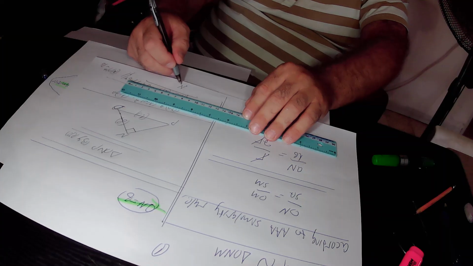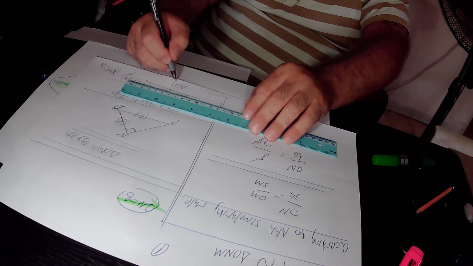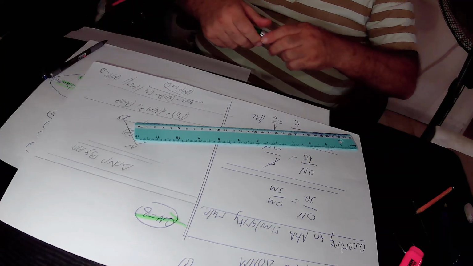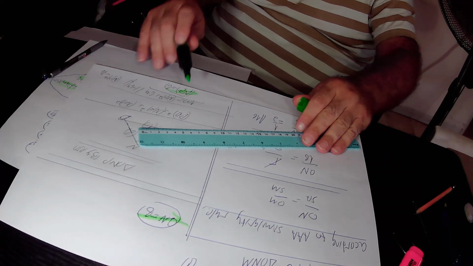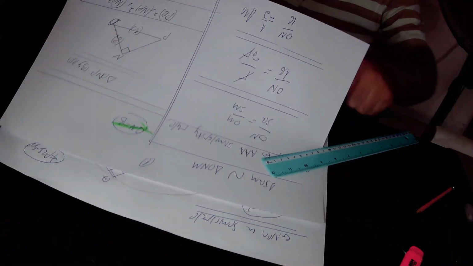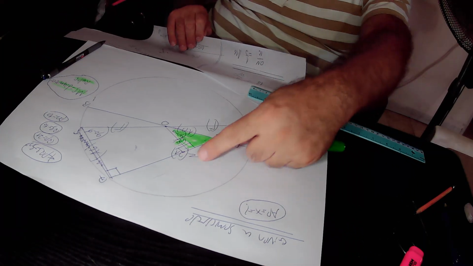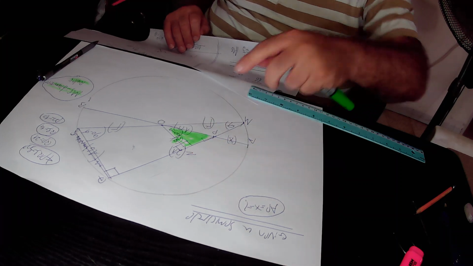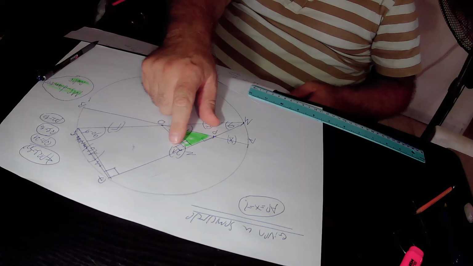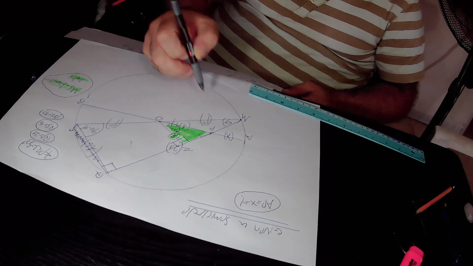So NP equals 6 units in length. This is the missing side NP, that is equal to 6 units in length.